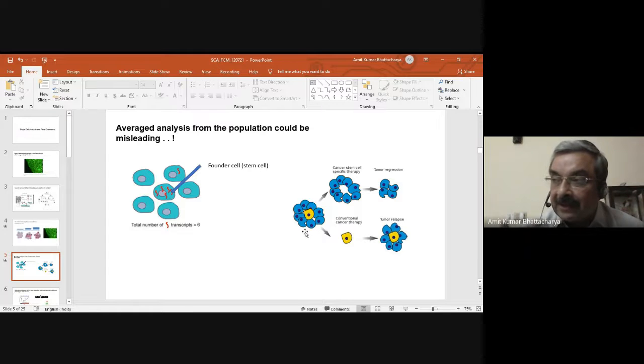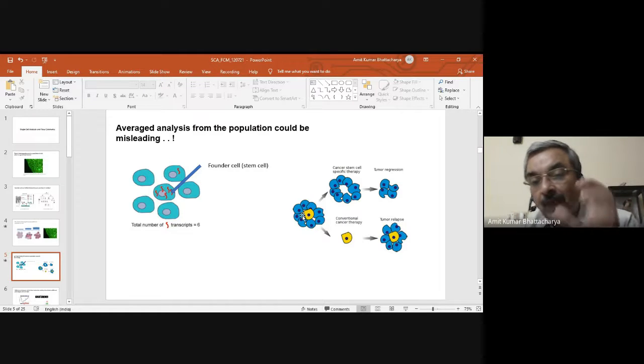So a therapy was decided based on a protein which is present on the entire population. When a decoction was made from the entire tumor and a protein was detected which could be used to make a drug which will kill the entire tumor, and this drug was given, all the tumor cells died.